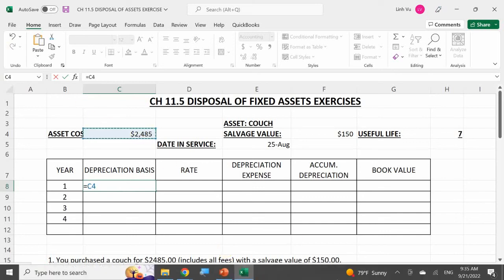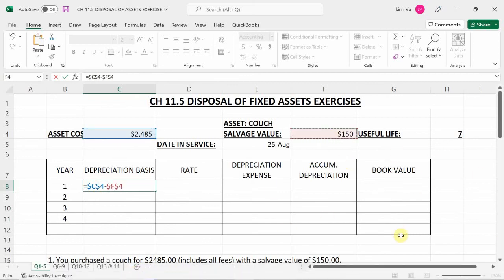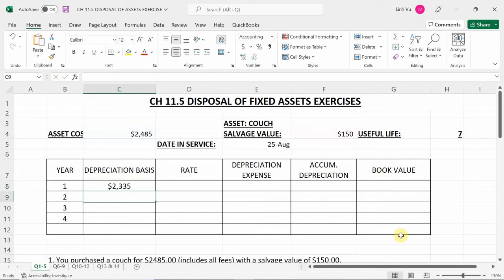I'm going to take my asset cost and minus my salvage value of 150. So your answer is not correct there. That's going to give me 2,335. You were off by $5. So there you go. That's my depreciation basis.